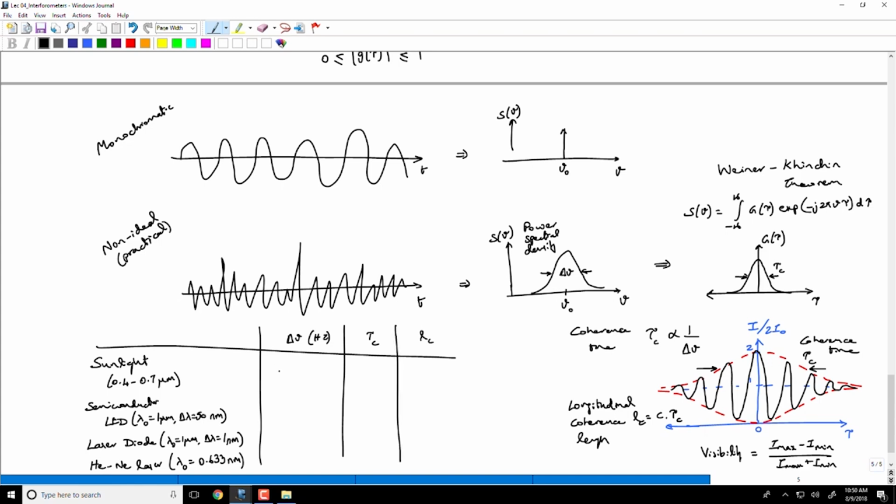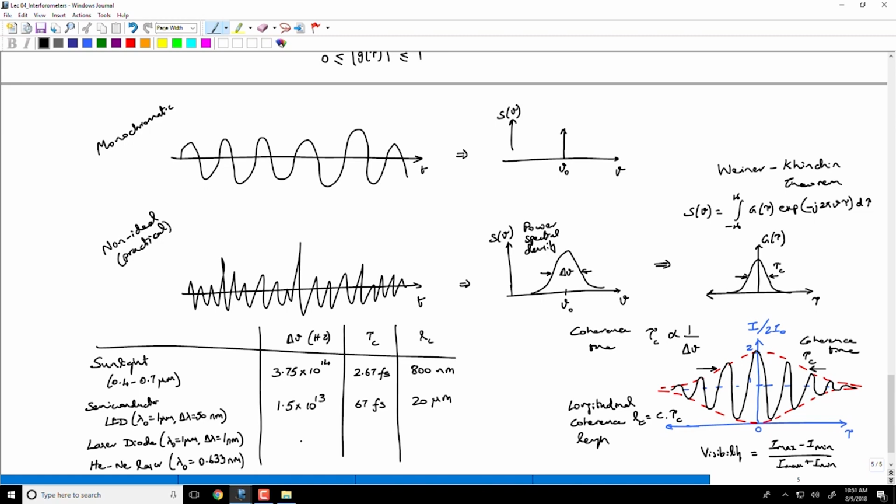Sunlight would correspond to a very wide spectrum. So, this is 3.75 times 10 power 14 hertz, and the corresponding coherence time is 2.67 femtoseconds, and the coherence length would be 800 nanometers. Whereas a semiconductor LED, which is much lesser in spectral width, would correspond to 1.5 times 10 power 13 hertz, corresponding to 67 femtoseconds, and that will correspond to a coherence length of 20 microns.